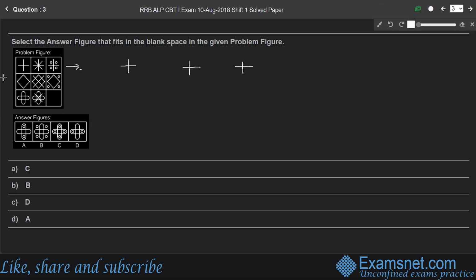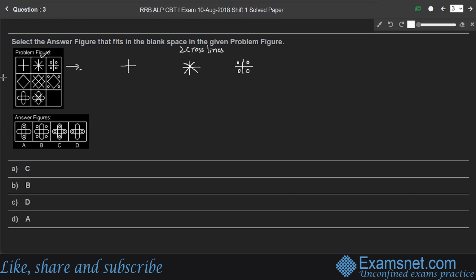So this is common. Whereas in the second figure of the first row, 2 cross lines are added like this. In the third part, to the common part of the first row, 4 hollow dots are added.